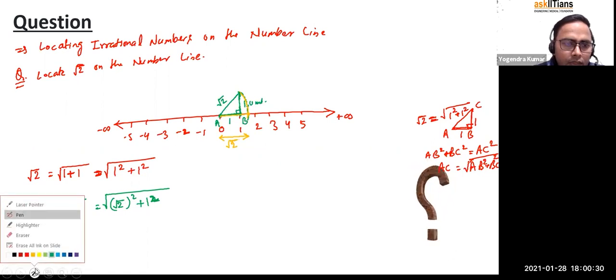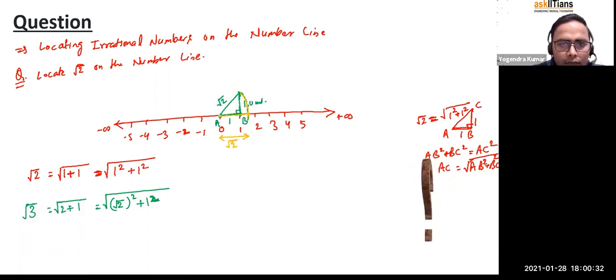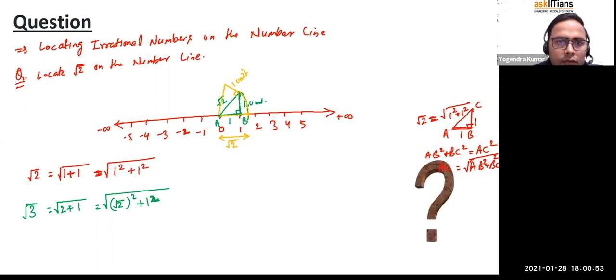Or another way is, you have root 2 here, first make root 2, then 1 unit above here, because in root 2 we want to add 1 unit more, right? 1 unit here, and then you can get root 3. I think it makes sense. Or you can make 1 unit here also. So now this is what we have, root 3.